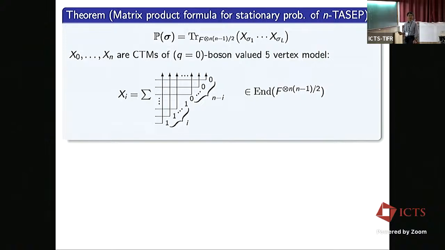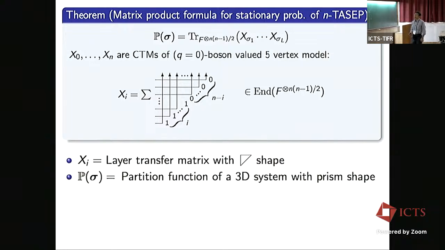So for general n TASEP, the integer normalized stationary probability is a trace of the matrix product operators X, which is nothing but a corner transfer matrix of the q=0 boson valued, or weighted, 5-vertex model. So there are this number of vertices here. And these arrows are now thin arrows, just 0 or 1. And the choices 1 and 0 here correspond to the boundary condition specified by the indicator function.